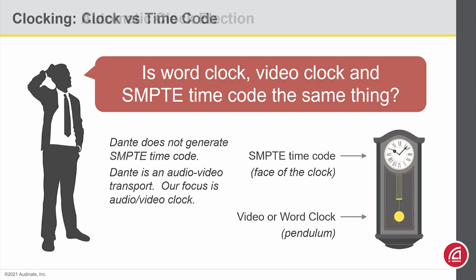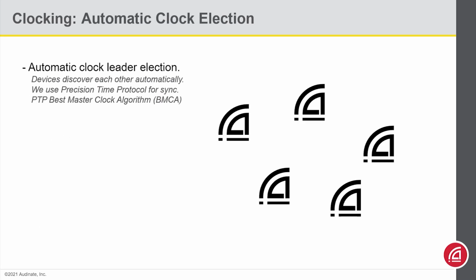All right. With that, let's get back to clocking and let's explain how Dante devices choose a clock leader. As we know, Dante devices will automatically discover each other on the network. From there, we use precision time protocol for sync, and that protocol has a process called the BMCA, Best Master Clock Algorithm.